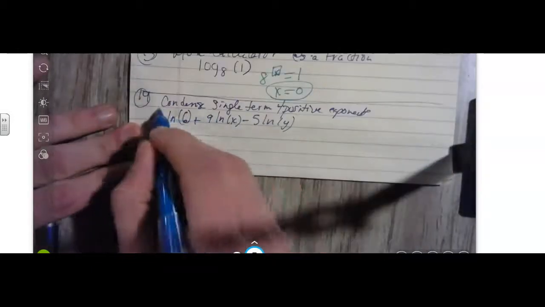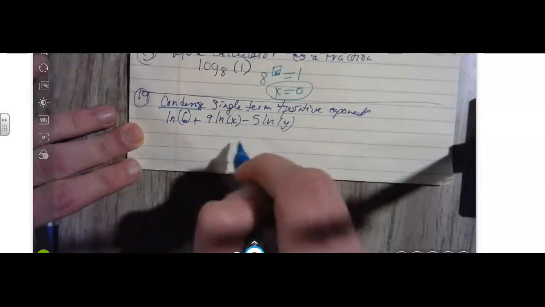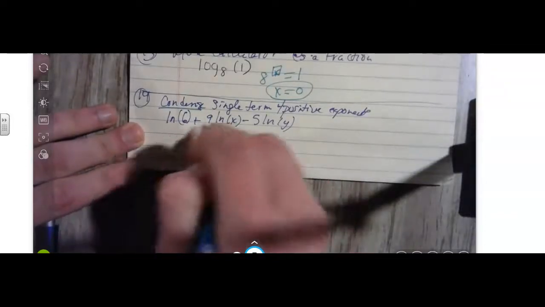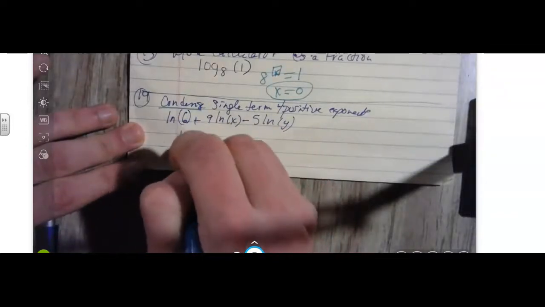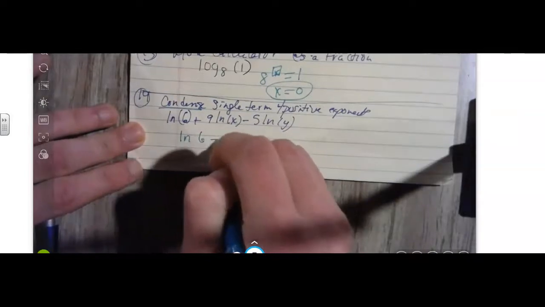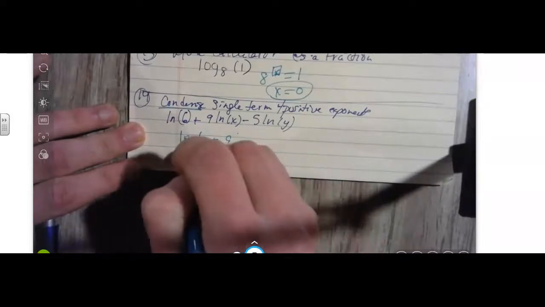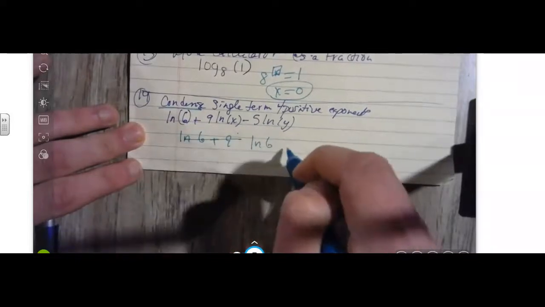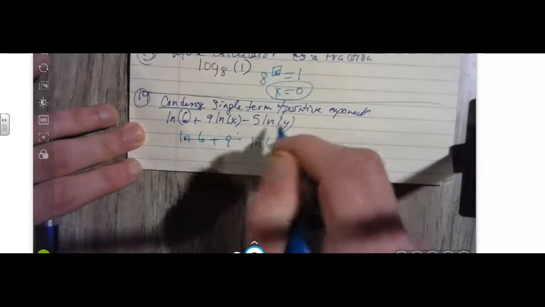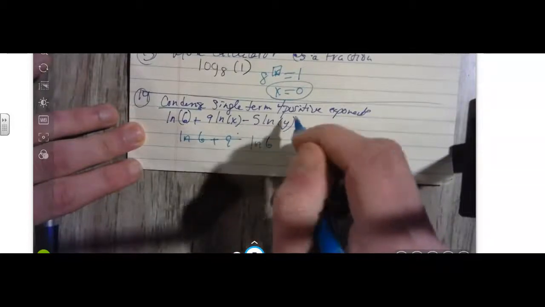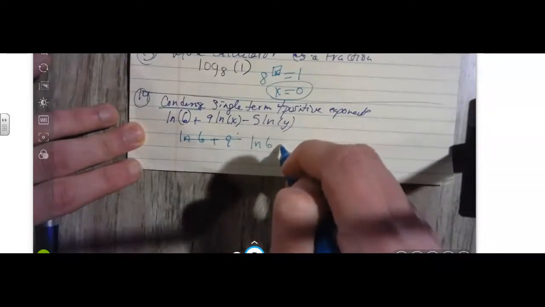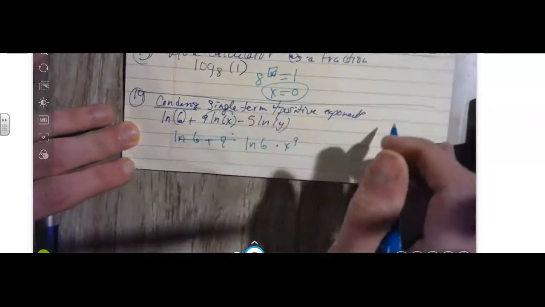This one here, they ask us to condense, so we have to put this together using more than one rule. So this is the product rule here, so it's going to be ln of 6, and then this one's going to change, this is going to be x to the 9th, because you're bringing that 9 back up, right?